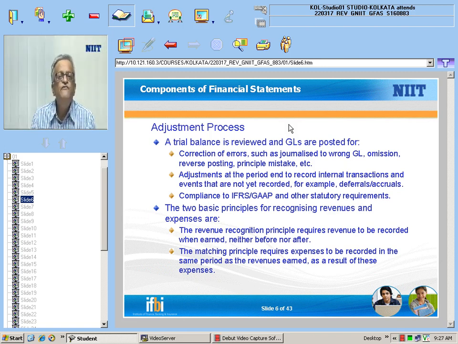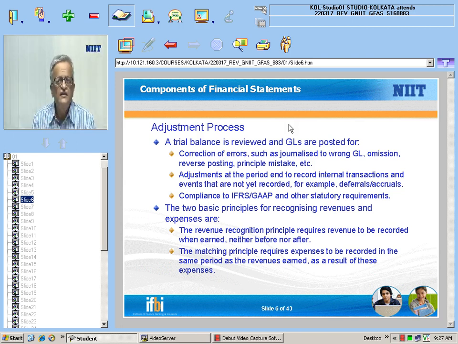For example, if a credit sale has been made, then you have to account for that. That is called the accrual basis of accounting. Debit accounts receivable, credit sales account. So what am I doing? Revenue is recognized.